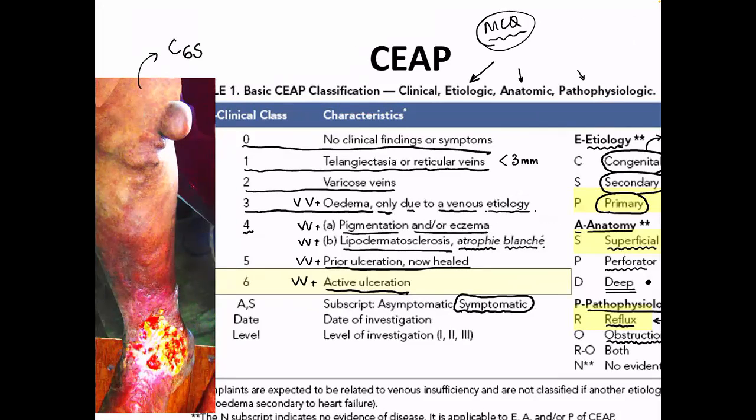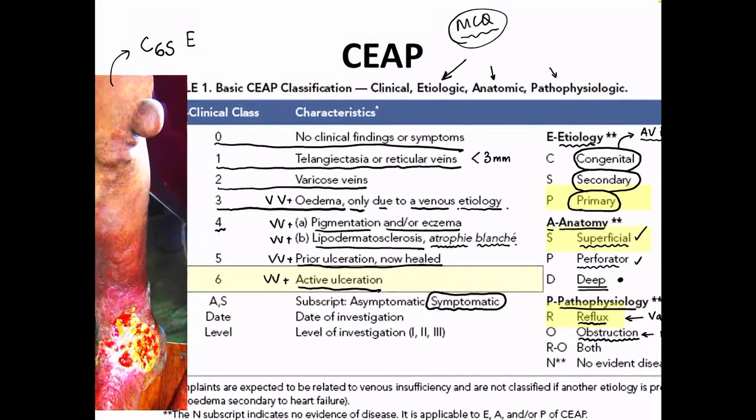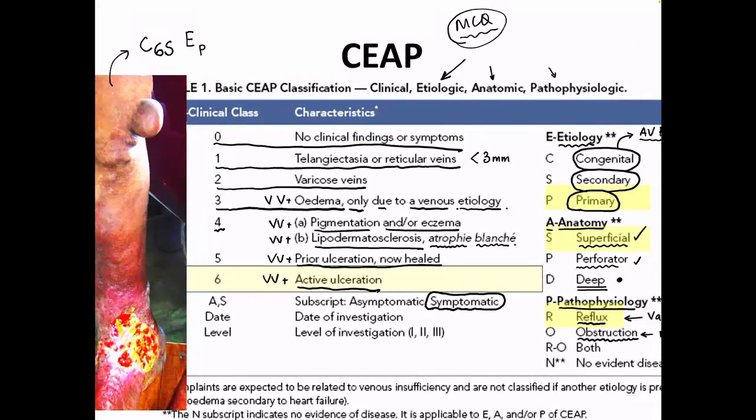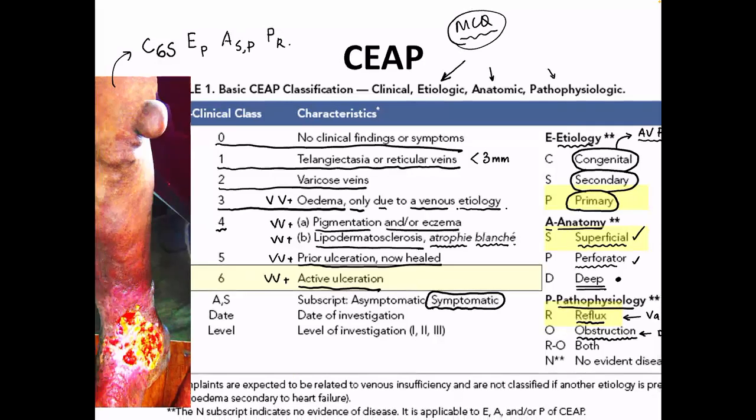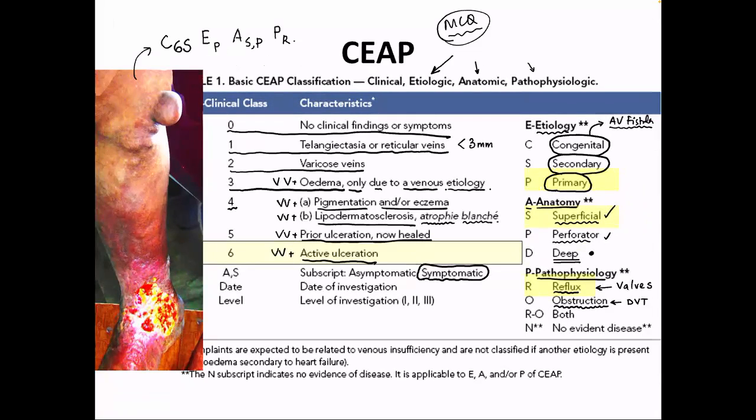What is the E in this case? Probably primary. What is the A in this patient? And what is the P in this patient? It is R. Have you understood how we write CEAP?